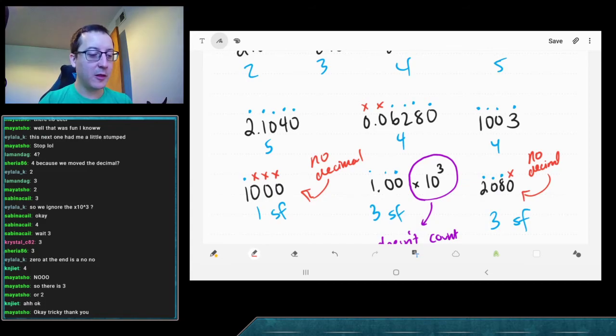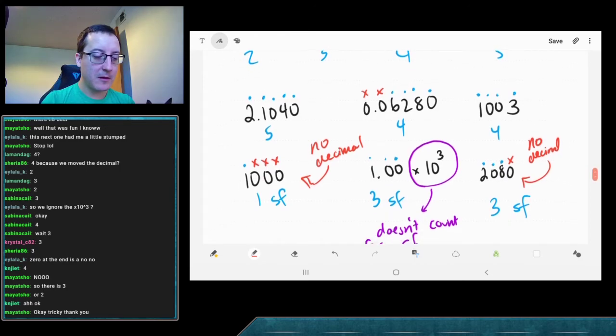So hopefully the first 3 rules are not too bad. 1 through 9 always. 0s at the start, never. 0s in between, always. Those 3 rules should hopefully be not hard. It should just be that last one that's the tricky one. So that's the only one you have to watch out for. The rest of them are hard and fast, so we don't have to worry about those.